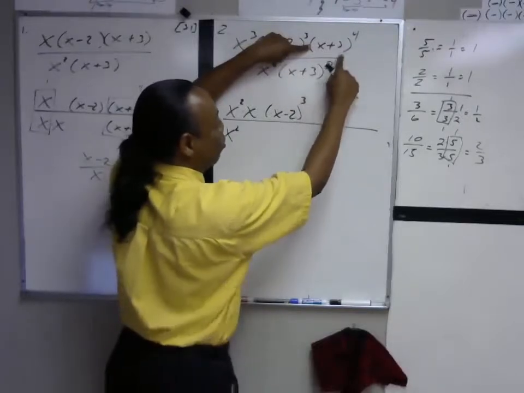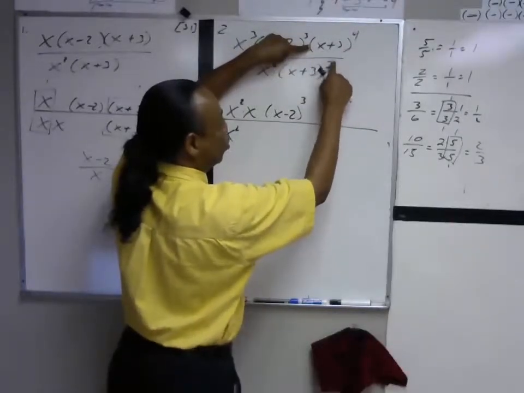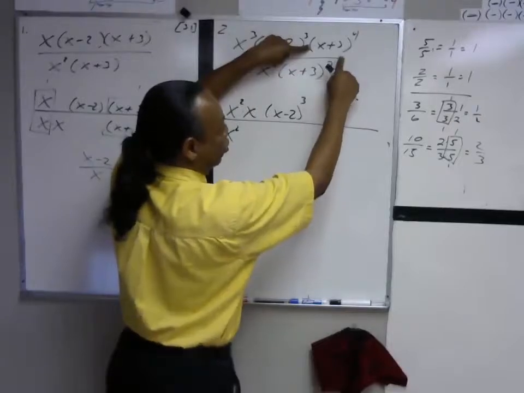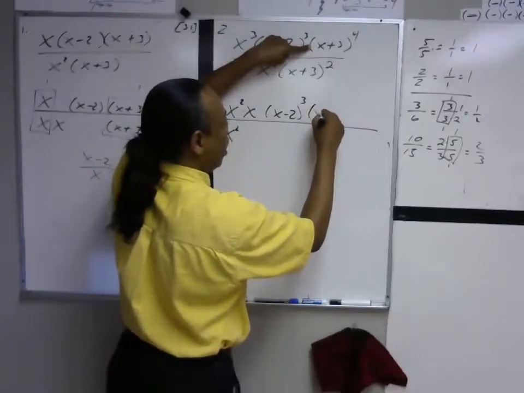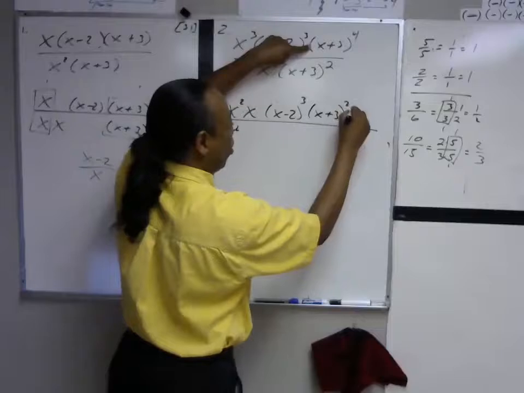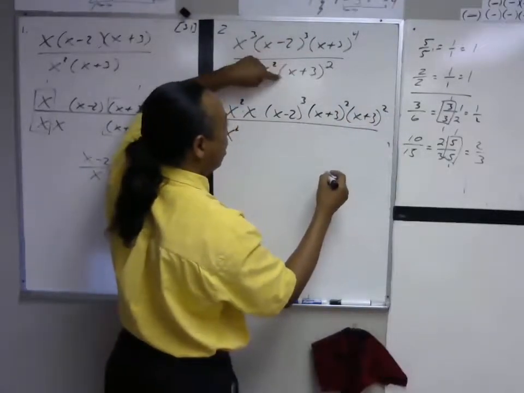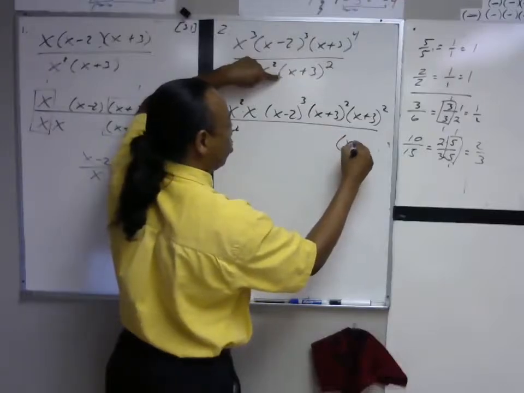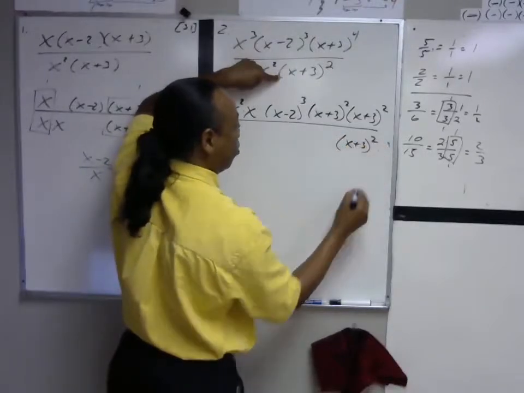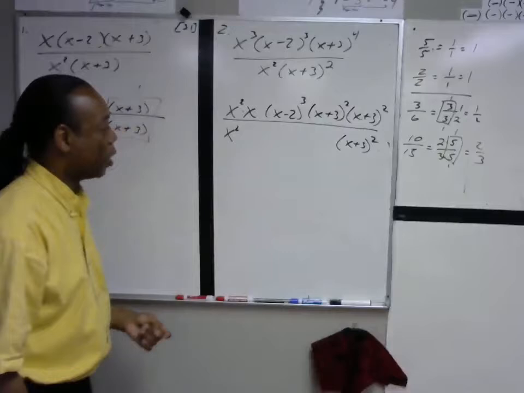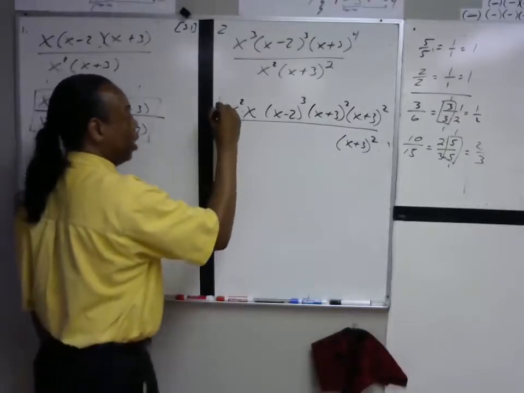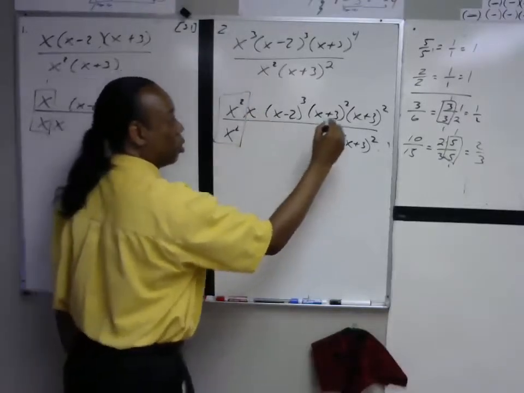There's 2 of them here and 4 of them there, so I'm going to break this into factors that have 2. So this will be x plus 3 to the second power, and x plus 3 to the second power, all over this x plus 3 to the second power. Okay, and now simplify. This becomes a 1.